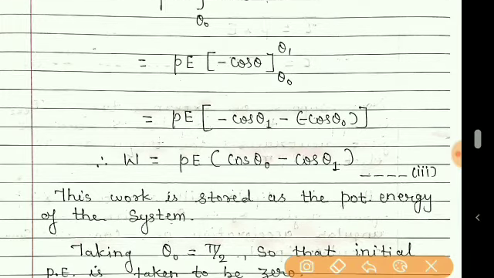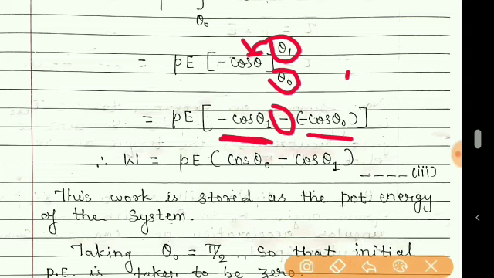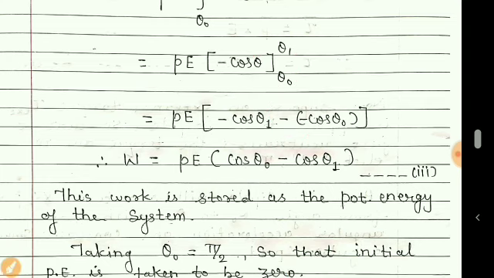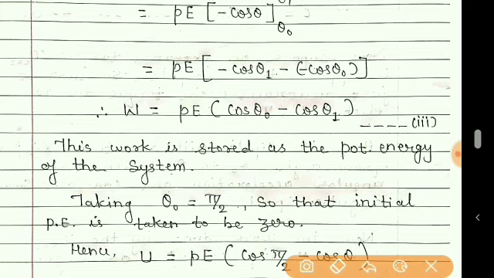So first we'll put theta 1 in place of theta, so minus cos theta 1, that is the upper limit, minus the lower limit. Again the lower limit is theta naught, so we have kept theta naught here. Finally the work done, W is equal to PE cos theta naught.